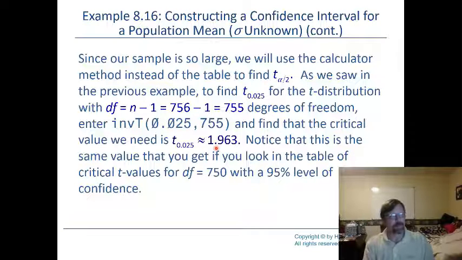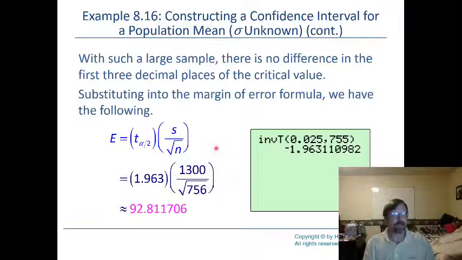There are probably differences much farther out. There's 1.9631109. So there's differences probably somewhere out here. But there's no differences in the first three values.